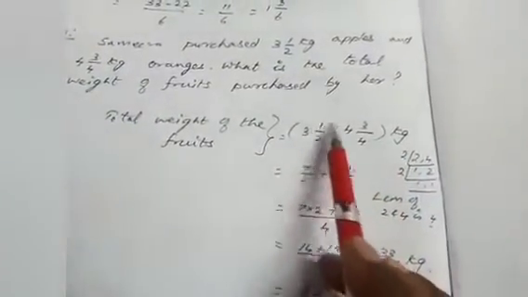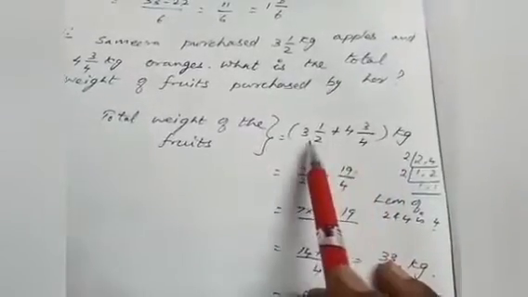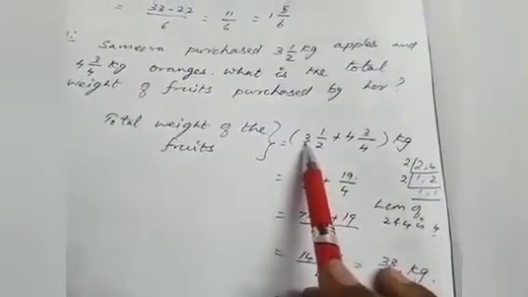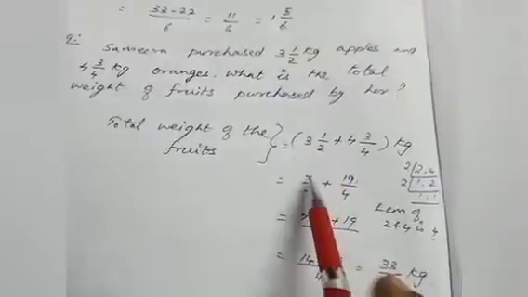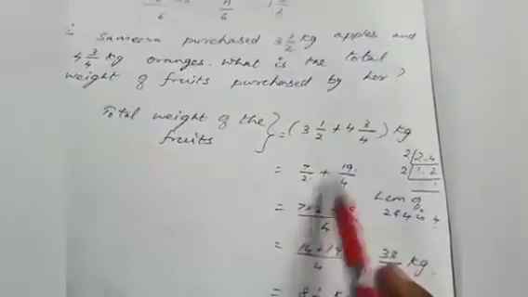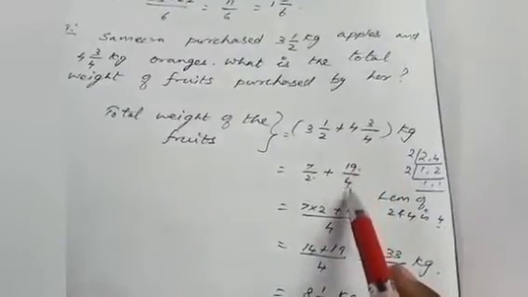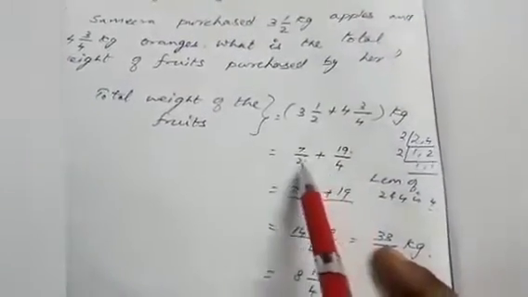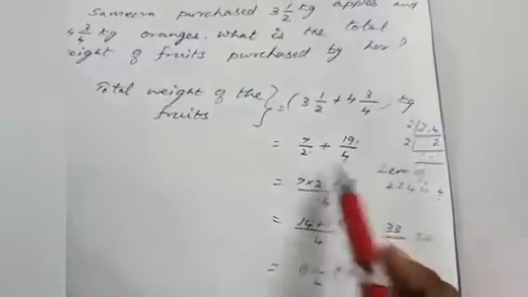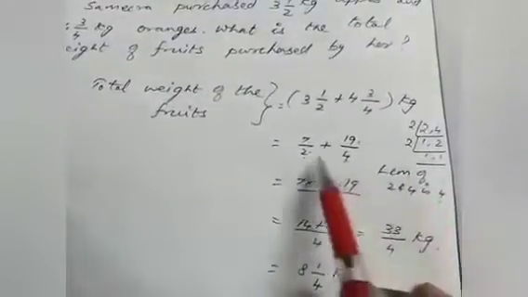Now these are mixed fractions. So convert into improper. 3 2s are 6. 6 plus 1, 7. 7 divided by 2 plus 4 4s are 16. 16 plus 3, 19. So 19 divided by 4. So now the denominators are different. Take the LCM. LCM of 2 and 4 is 4.